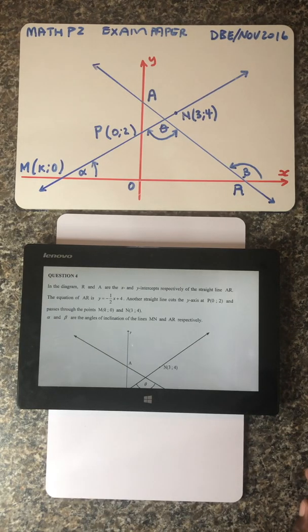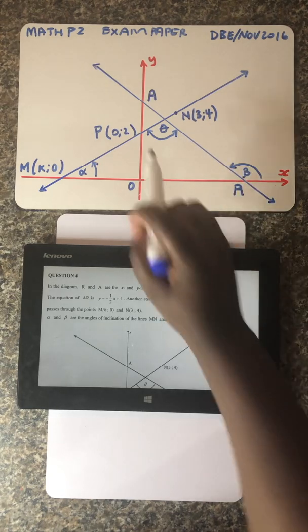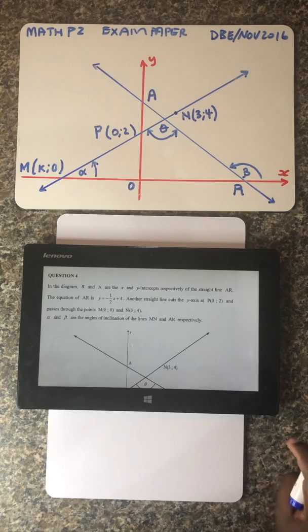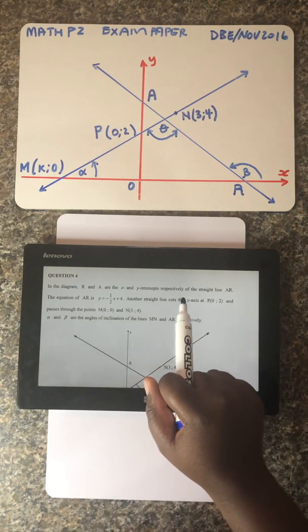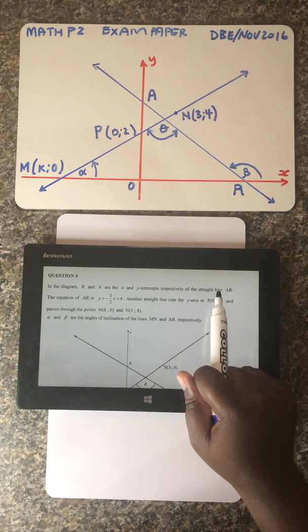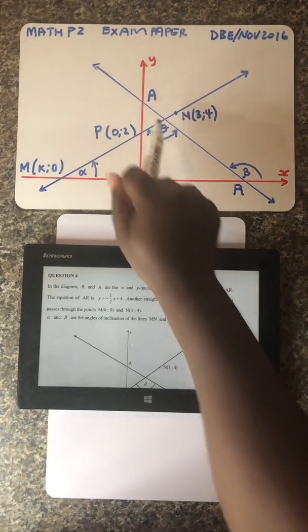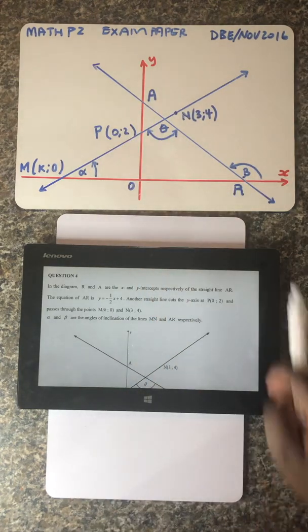In the diagram, R and A are the x and y intercepts respectively of the straight line AR. I hope you're able to see there on the diagram. Remember, it's a hand-drawn diagram, so it's not 100% to scale. It's just for ease of reference. So we already know that A and R is a straight line.